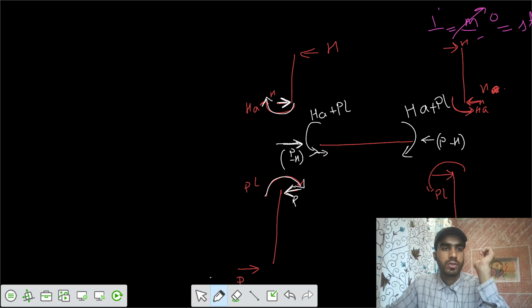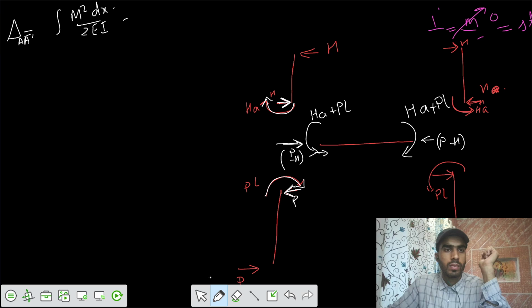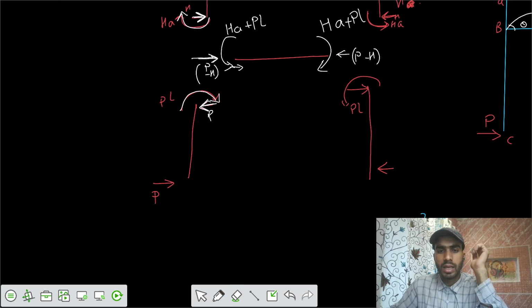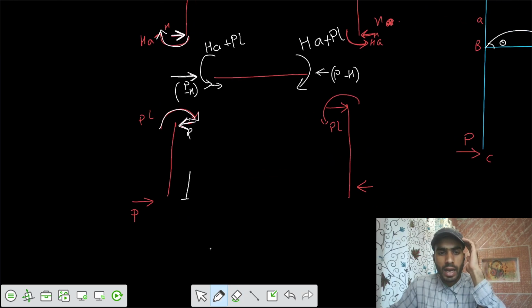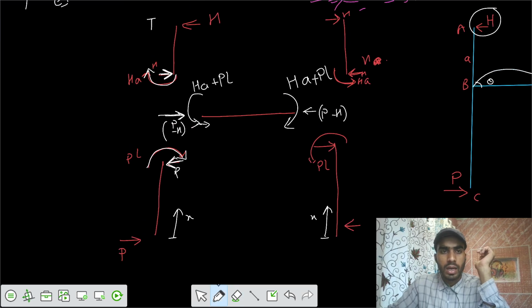We know that Castigliano's theorem says that delta at any point A dash relative equals the strain energy stored, that is, integral of M square dx by 2EI. Also we can say small m dx by EI. If I use directly the moment at any x, if I cut at any x in every segment or in every member, there is only one single load acting.